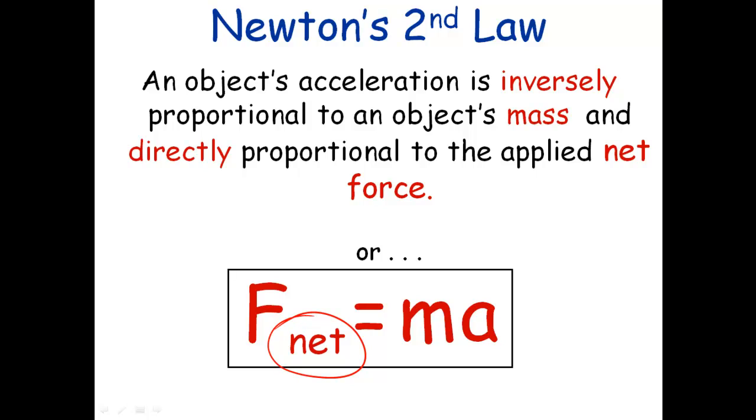So Newton essentially said the acceleration is inversely proportional to mass and directly proportional to the net force. And we use the Greek letter sigma to represent the net or the total amount. So you may see it written with sigma or you may see it written with the word net.